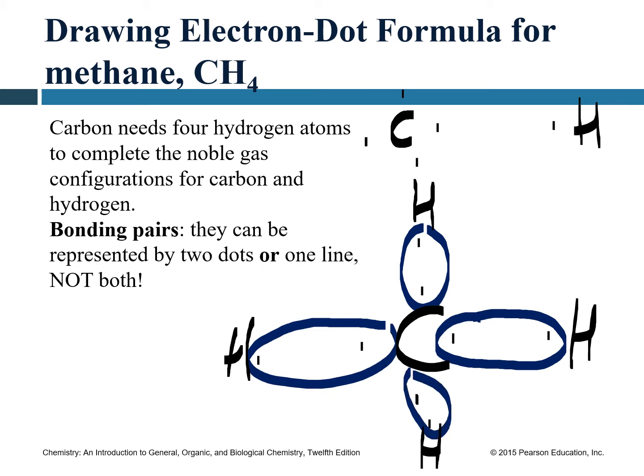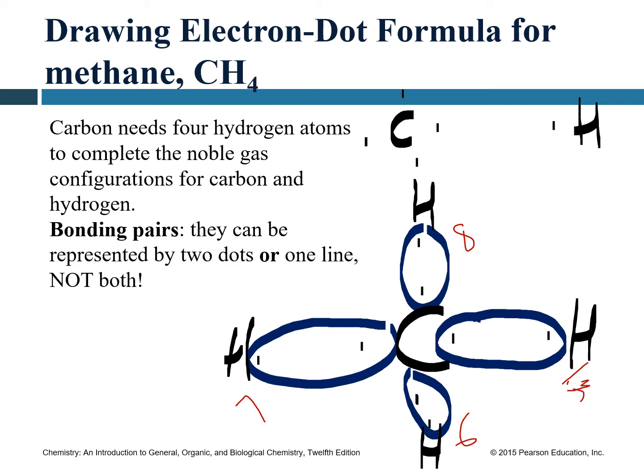Now let's check. Carbon gets an octet of 8. 4, it already had its own. Fifth coming from this hydrogen, sixth from this hydrogen, seventh from this hydrogen, and eighth from this hydrogen.